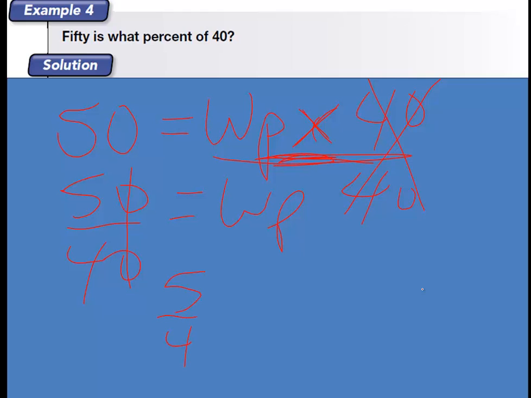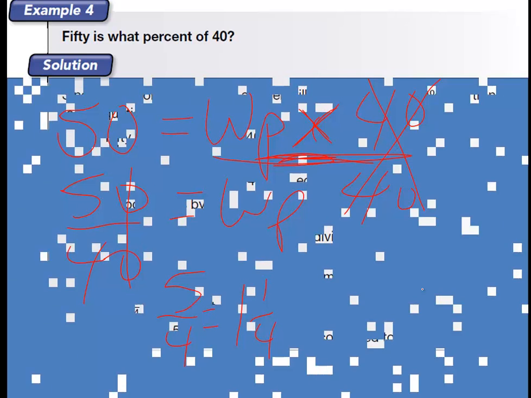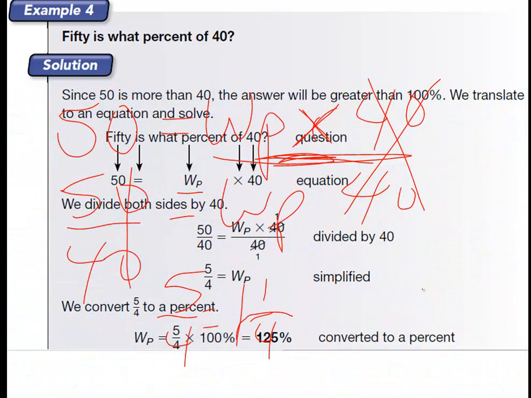And then we've got to convert that into a percentage. That's going to be 1 1/4 when we convert that, and percentage-wise, what is that going to be? Yep, 125%. Doesn't that make sense? Because it's more than 40, it's got to be higher than 40.